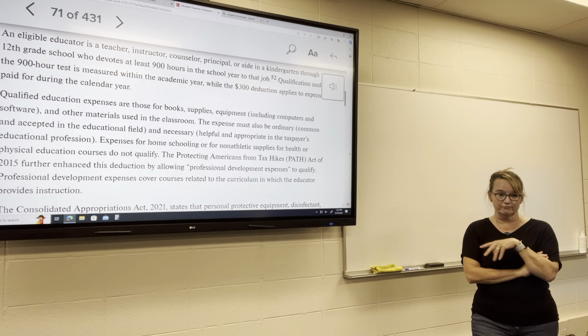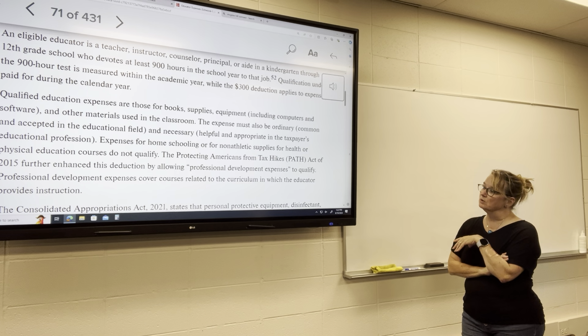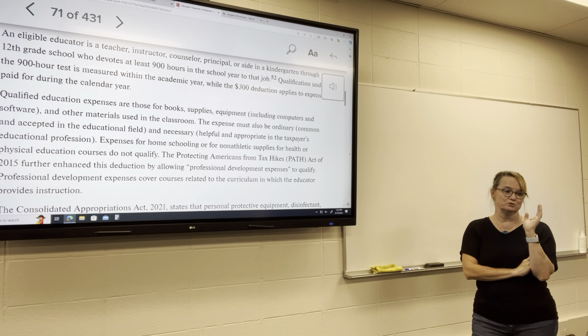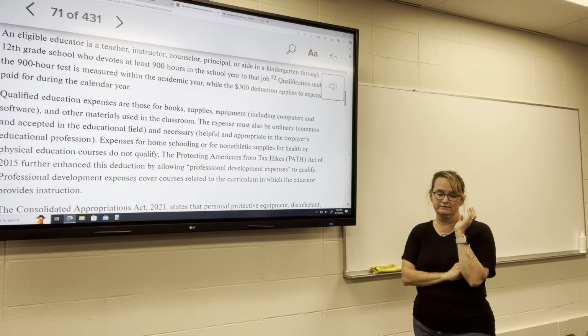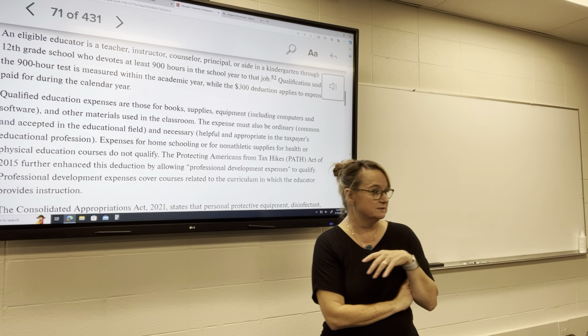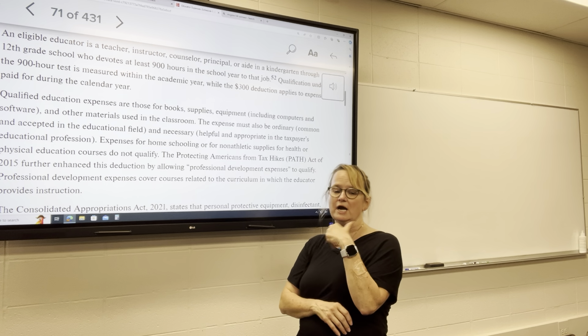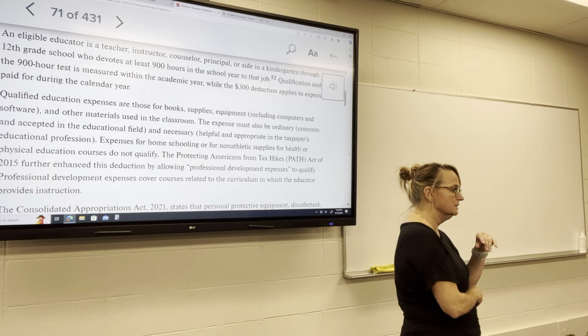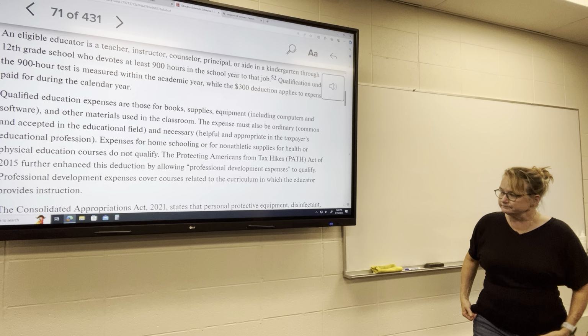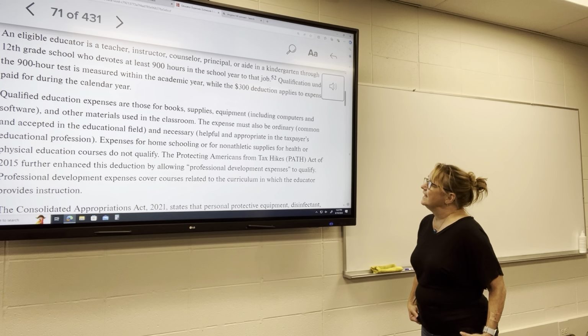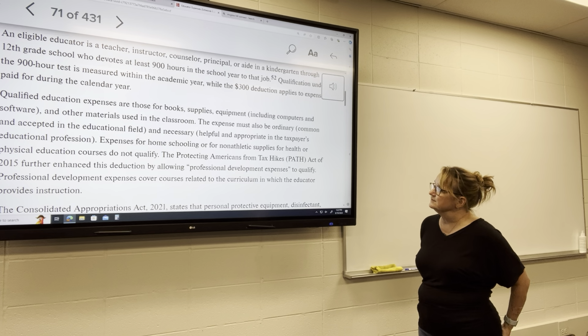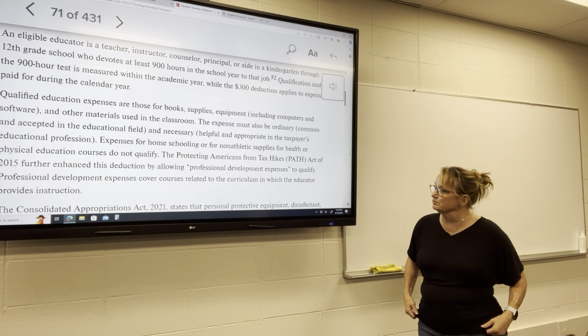Necessary means that it's helpful. So if the qualification was it has to be necessary, nobody would ever get to deduct much of anything because you could make an excuse that nothing is necessary. You can just do the math in your head. You don't need a calculator. But necessary means something that's helpful and appropriate in the taxpayer's educational profession.